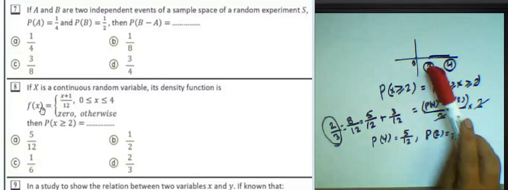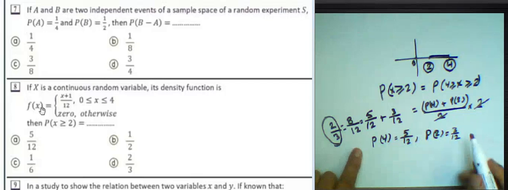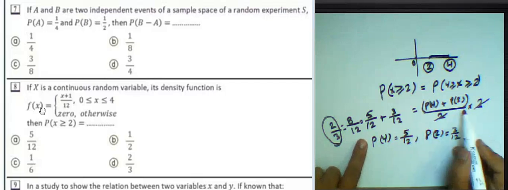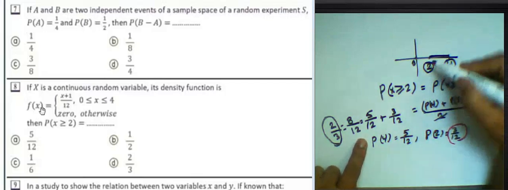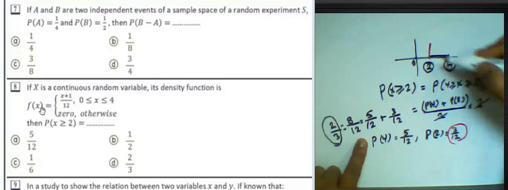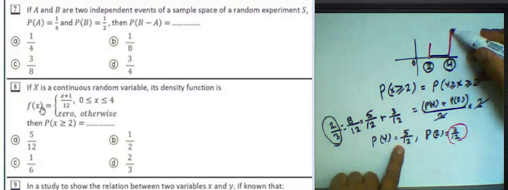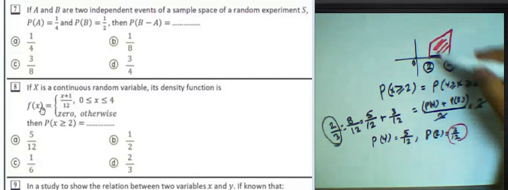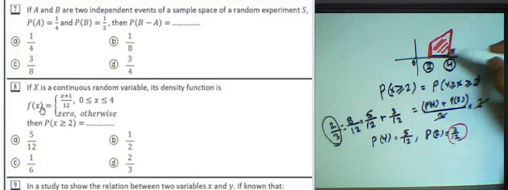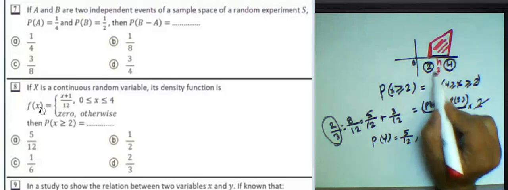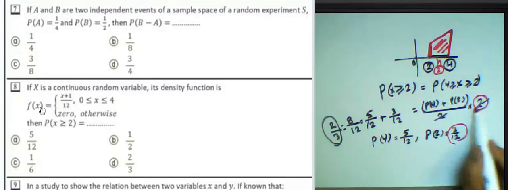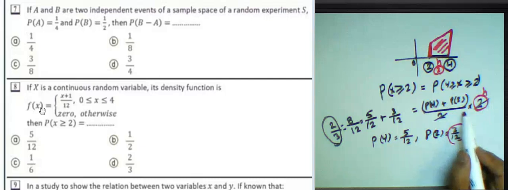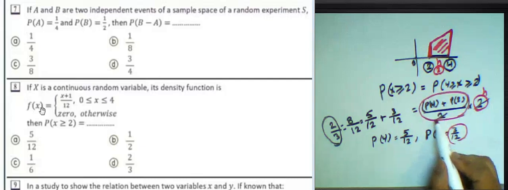Okay, look here. We have two probabilities, at 2 equal 3/12 and at 4 equal 5/12. We have a trapezium. The area of a trapezium equals the sum of the two bases, the small base and the longest base, multiplied by the height. The height here was 2.